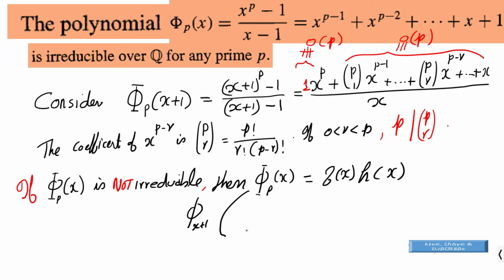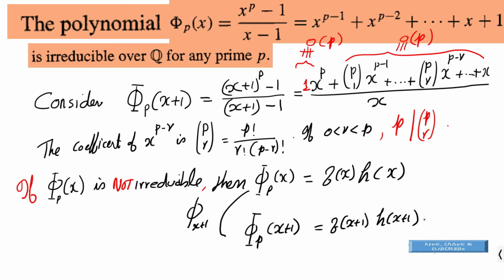Now if I apply the evaluation homomorphism phi x plus 1 on both sides, then you are going to get phi p of x plus 1 is equal to f of x plus 1 into h of x plus 1, just by replacing x with x plus 1.